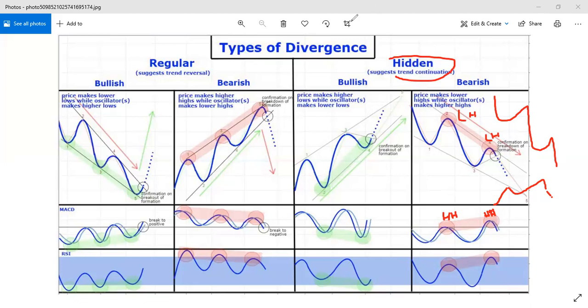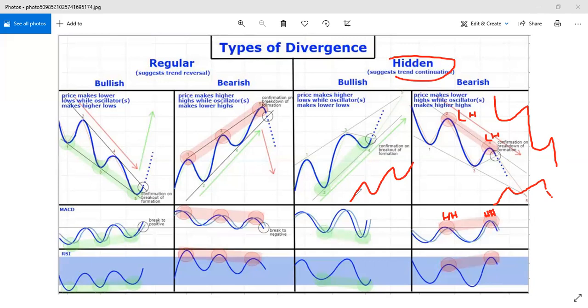And in the case of a bullish trend, you want to see price making higher lows, which means you can see price giving you something like this, okay? While your oscillator is the other way around, all right?